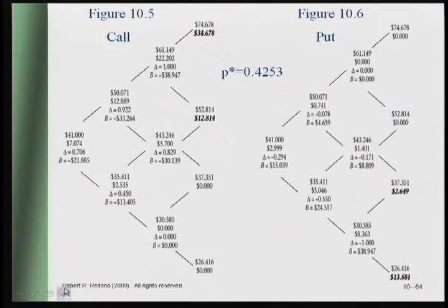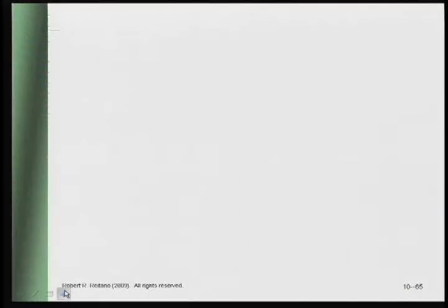So as an example, if we wanted to recalculate these 3-period options, we have a P star of 0.42. We could go directly from the European exercise values to the price, and what this formula would say in this instance is, first of all, let's remember what these binomial coefficients are.